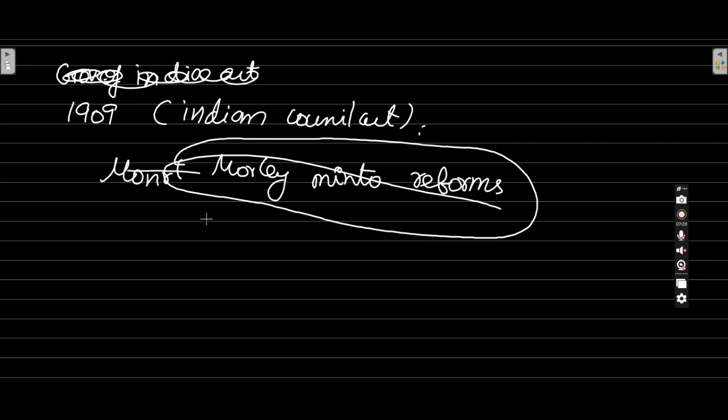So this is famously called Morley Minto reforms. Okay. So what did it bring? So what impact did it make? So the changes.